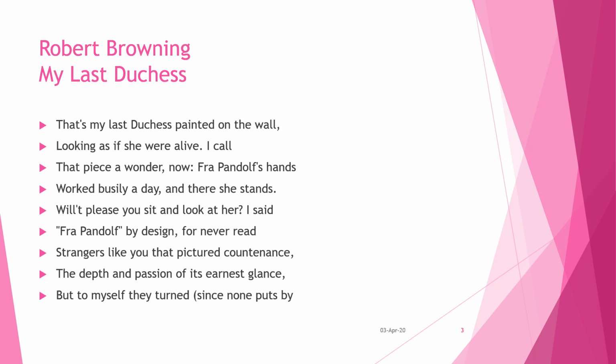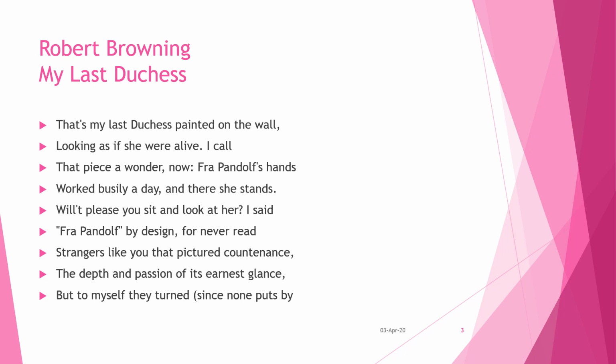Okay? So, "That's my last Duchess painted on the wall." He's pointing. He's pointing to something. It's a portrait on a wall, and it's the portrait of his last Duchess, his wife, that no longer exists.